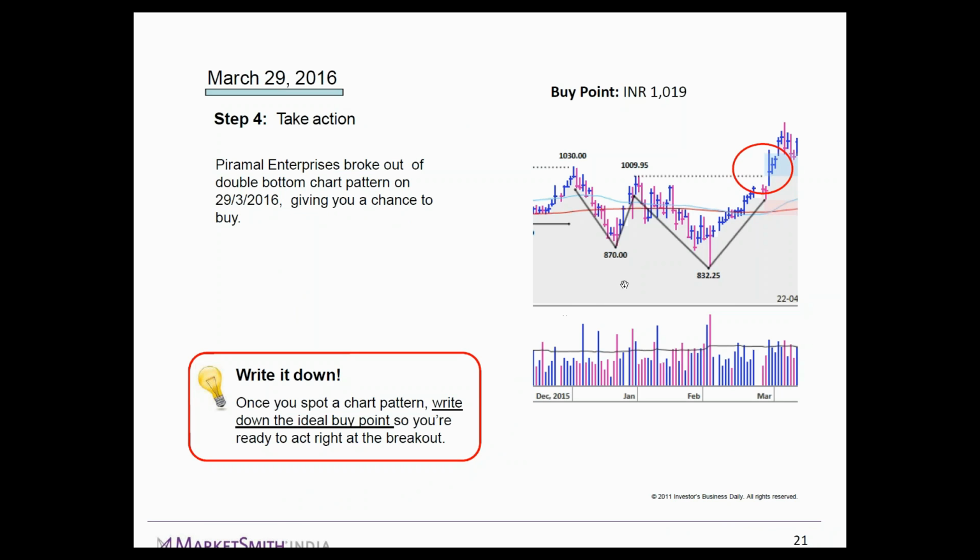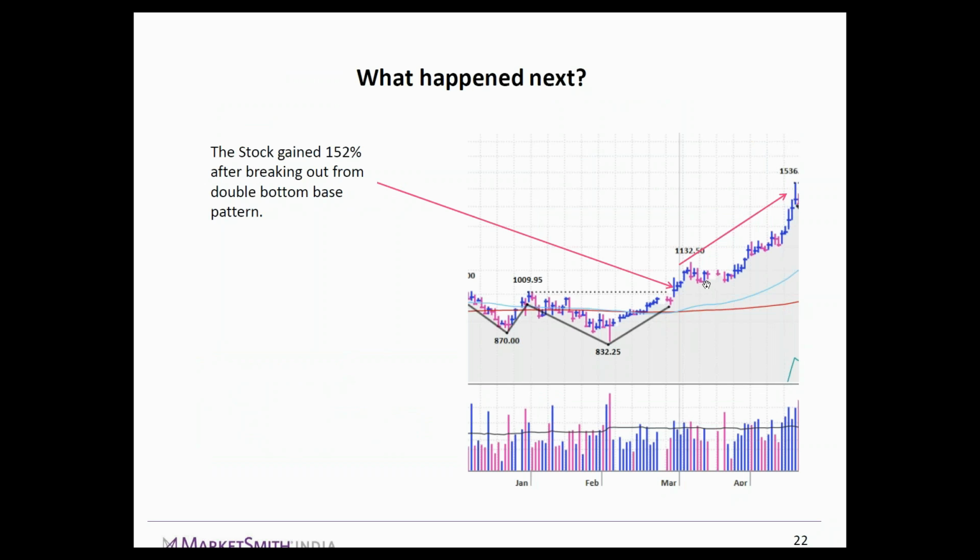Piramal Enterprises broke out of the double bottom chart pattern, as you can see here. It broke out here, the volumes were high, and the result is what you can see in this slide. The stock gained 152% after breaking out from a double bottom base pattern.